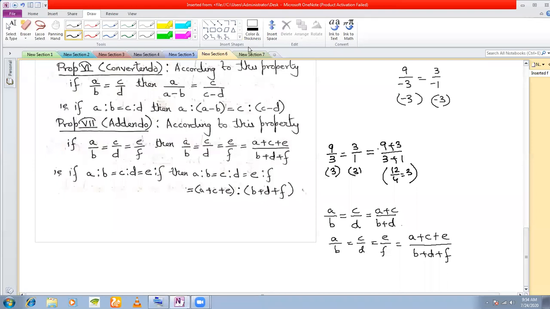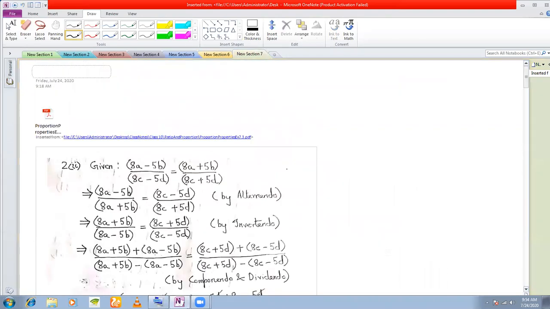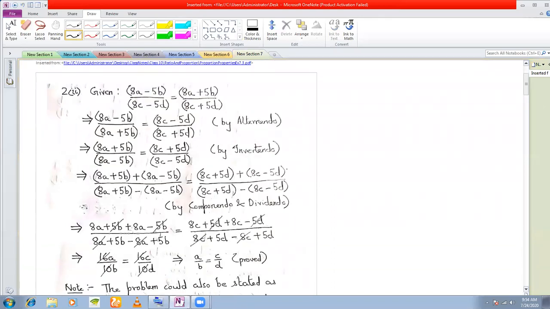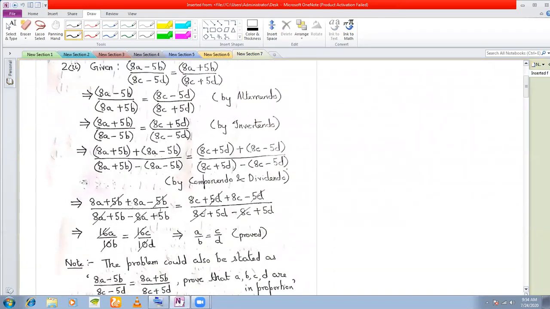But what we must know is how to use the properties. So coming to the application, look at this sum. 8a minus 5b divided by 8c minus 5d is equal to 8a plus 5b divided by 8c plus 5d.